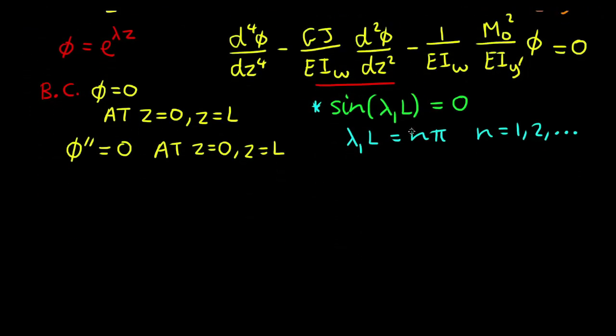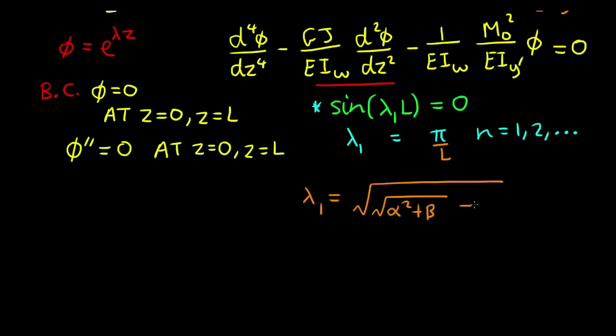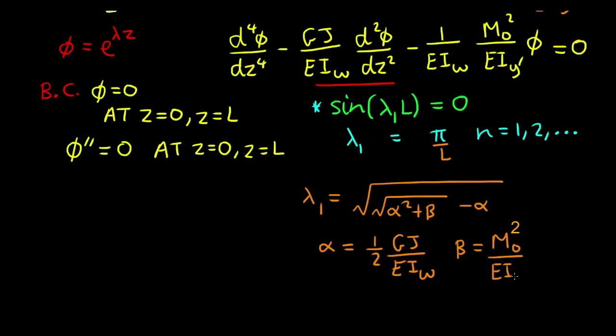And taking n equals 1, which gives the critical case, we get lambda 1 is equal to pi on L, and lambda 1 is written compactly as the square root of the square root of alpha squared plus beta minus alpha, where the constant alpha is equal to 1/2 by the torsional stiffness on the warping stiffness, and beta is the square of the externally applied moment on the lateral bending stiffness by the reciprocal of the warping stiffness. So you can use these to check your solution.